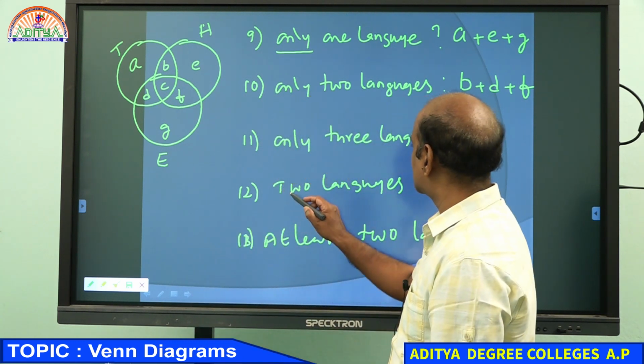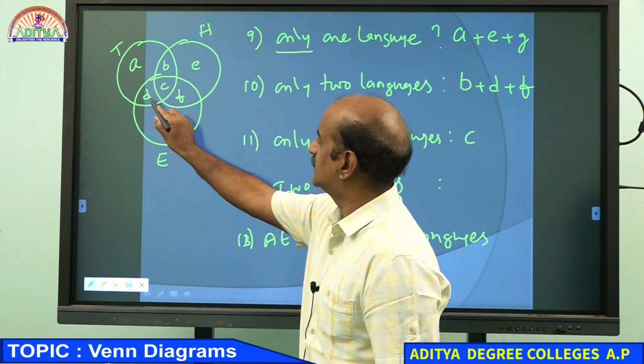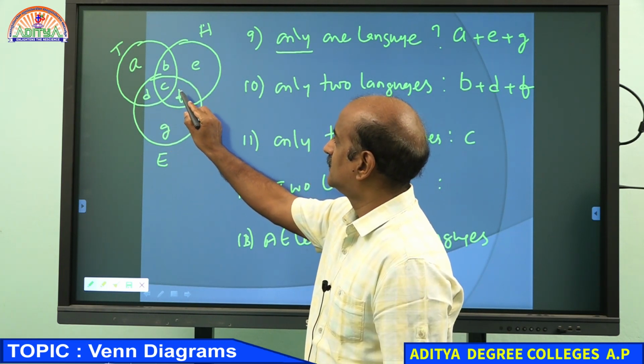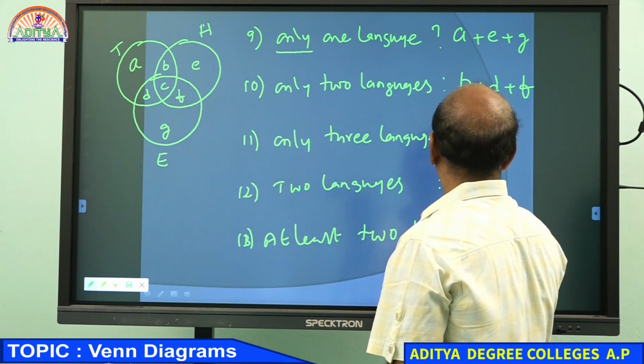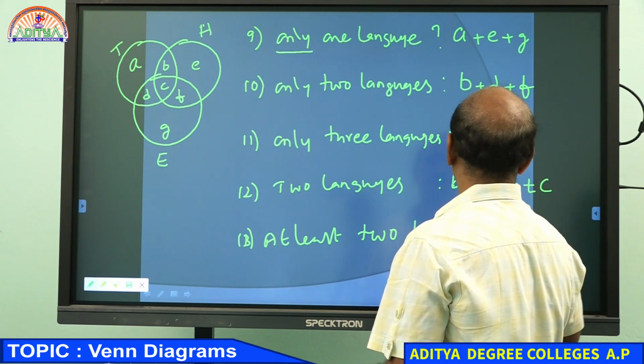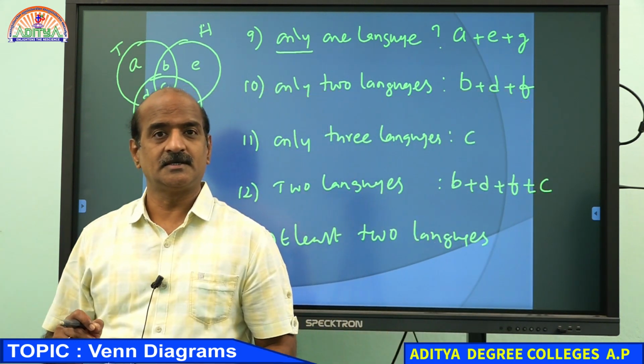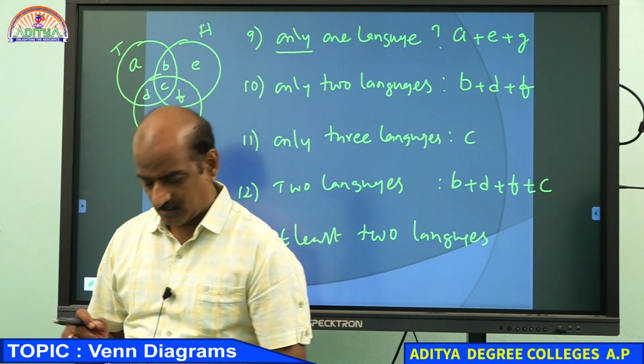Therefore, if I say two languages, students tell me B, D, F plus C. Remember, only two.